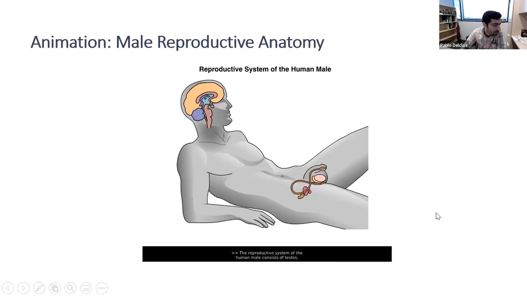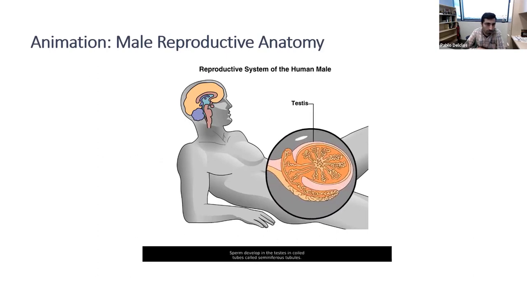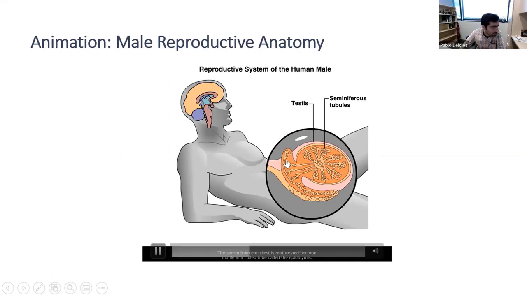The reproductive system of the human male consists of testes, various ducts and glands, and the penis. The brain, acting through hormones, controls the process of reproduction. Sperm develop in the testes in coiled tubes called seminiferous tubules. Spermatogenesis produces several hundred million sperm each day. The sperm from each testis mature and become motile in a coiled tube called the epididymis.